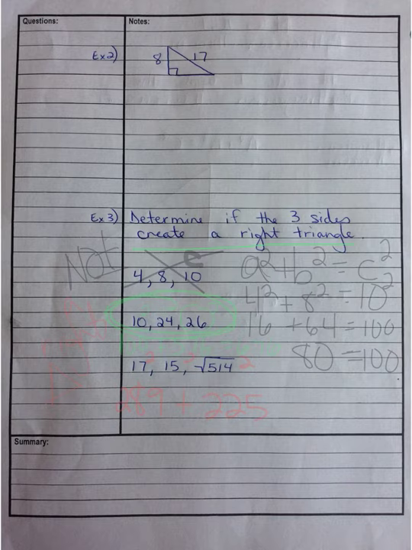And the square root of 514 and then square it is just going to give you 514. Do the 2 smaller ones equal the larger value? 289 plus 225 does equal 514. So, yes, this will also create a right angle. It will create a right triangle. So the first one did not, but the last two did.